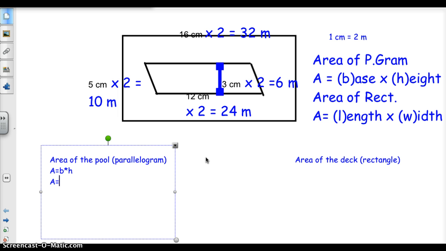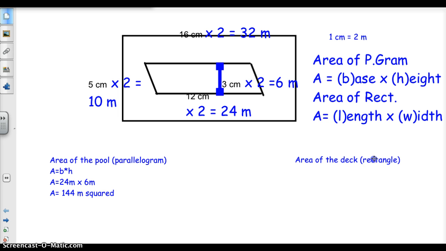Area equals my base, 24 meters, times my height, which I see up here, 6 meters. 24 times 6 is the same as 12 times 12, so it's 144 meters squared, because I'm now working in 2 dimensions, base and height. So this is the area of the pool.